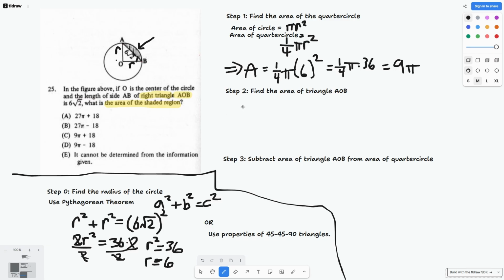The second step, now that we finished step 1, is to find the area of triangle AOB. And the area of a triangle is 1/2 base times height.